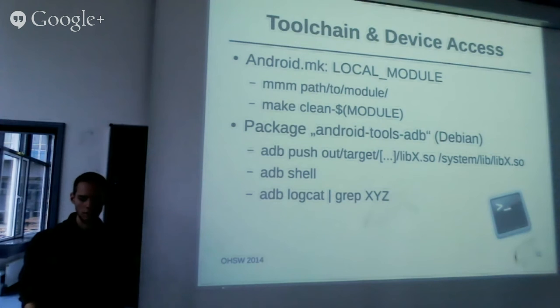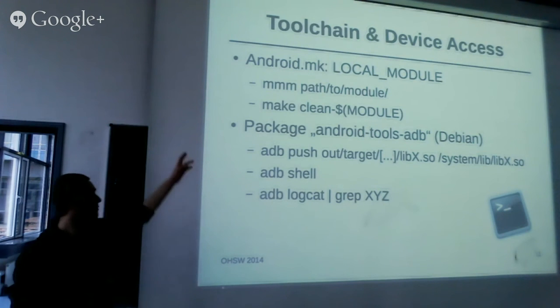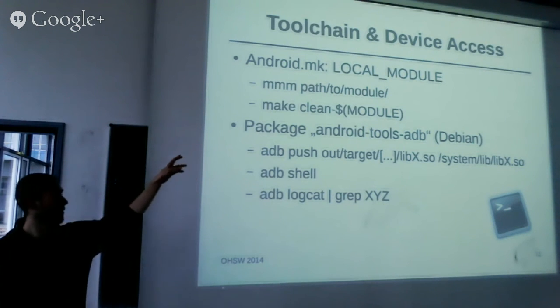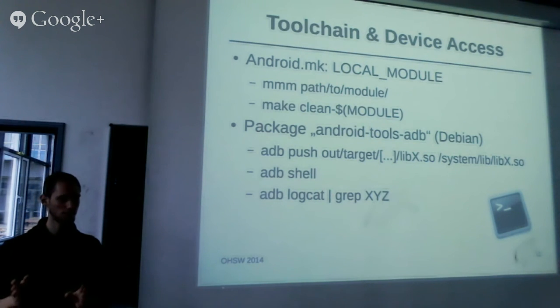So you go, for example, into the GTA04 device directory from the slide before, and you look at one of the modules, you go inside, you change some code, and then you can do mmm and specify the path to that file or the folder the file is contained in.